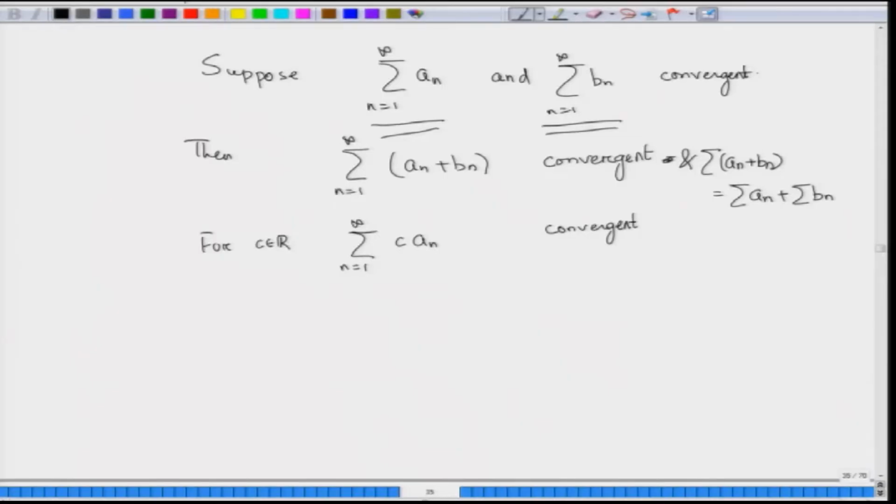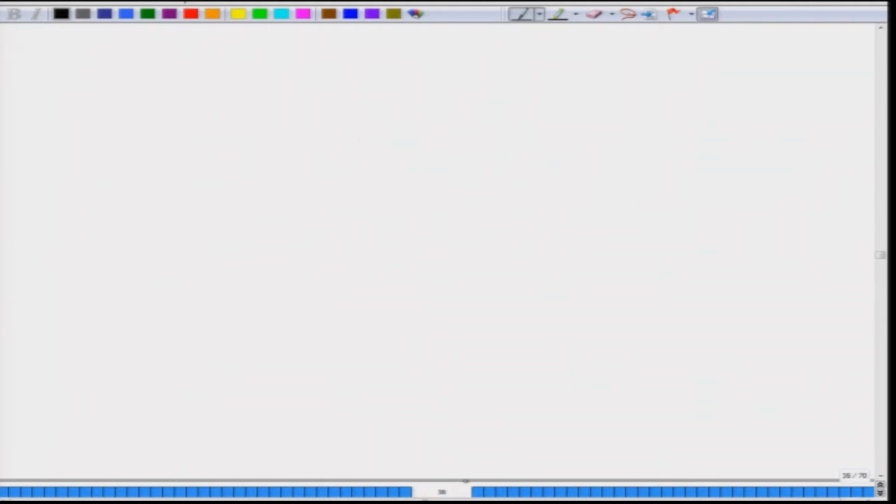So, you can easily prove these things by yourself, but do not miss the point that both the series have to be convergent. Now let us look at some other methods with which we can determine the convergence or divergence of a given series.